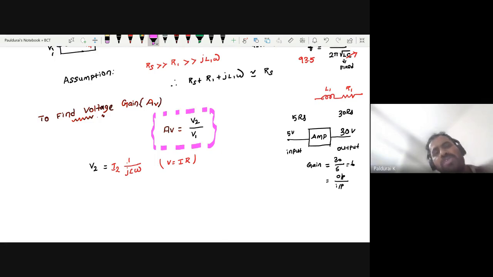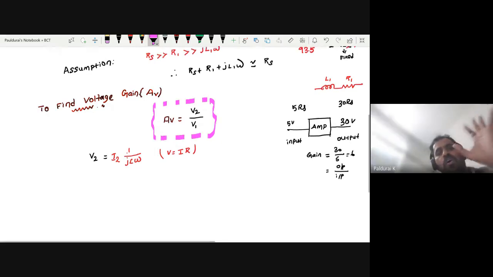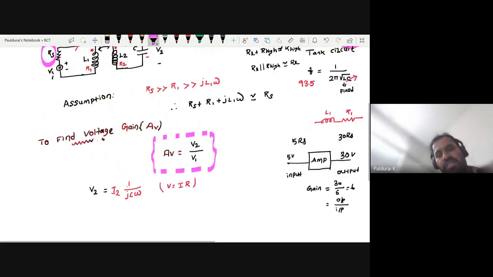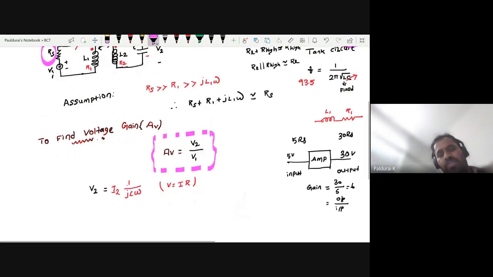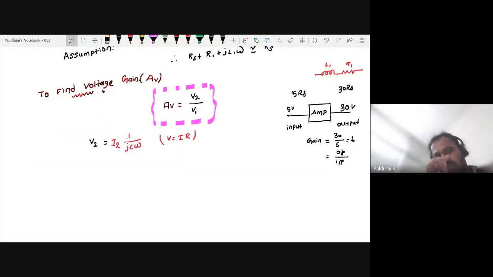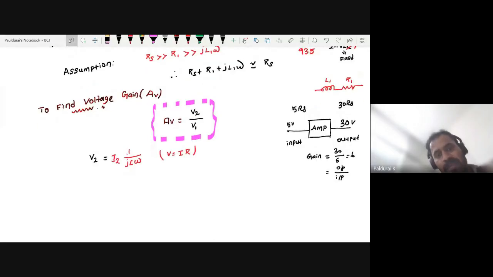So obviously we will start from output. My output voltage V equal to I times R, where I equal to I2, and R equal to 1 divided by jC omega. What is my next step? This jC omega is constant, whereas I2 alone is variable.